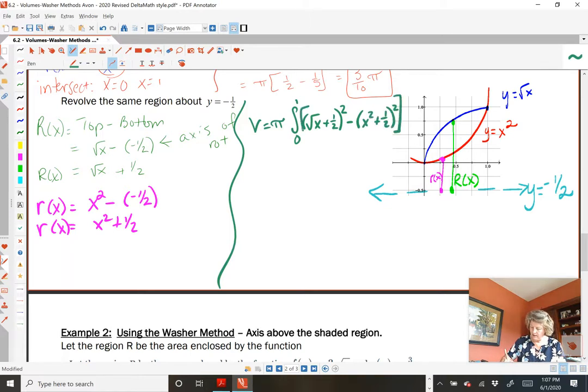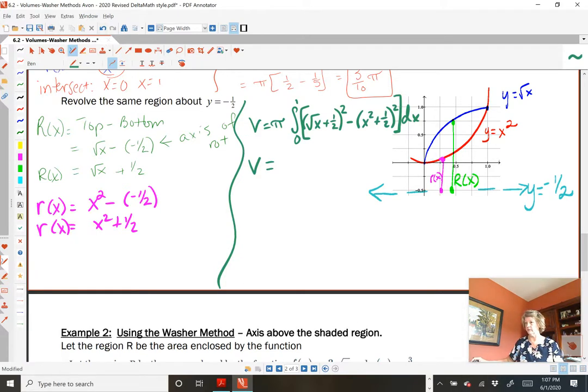And then I want to multiply, that is actually an area, by dx. And that one is a lot more complicated, so I'm just going to put it in my calculator to calculate that out.